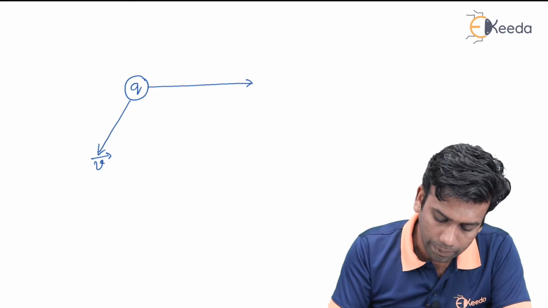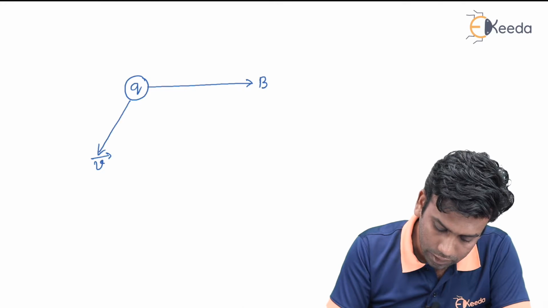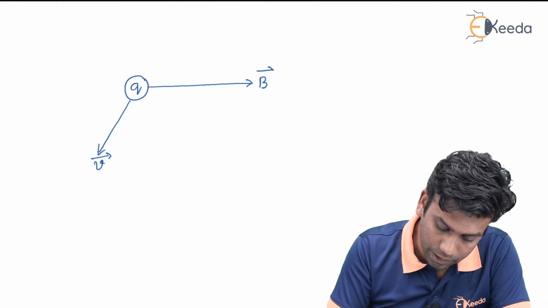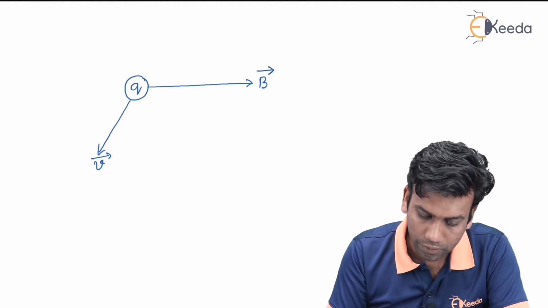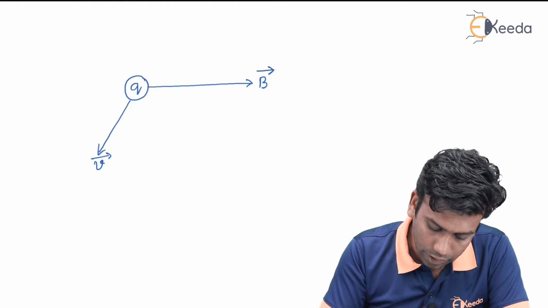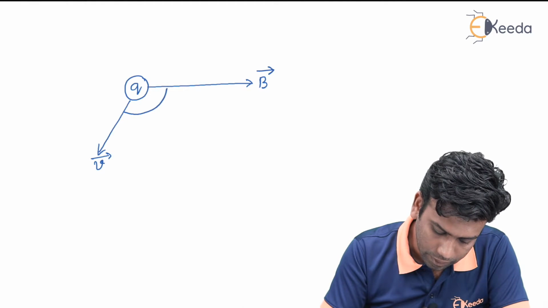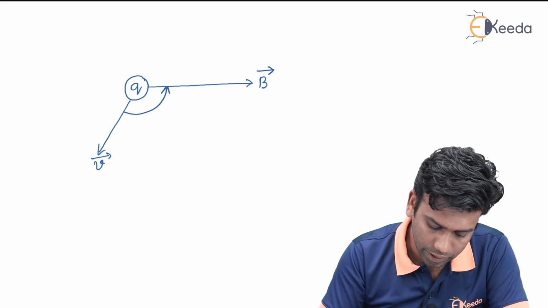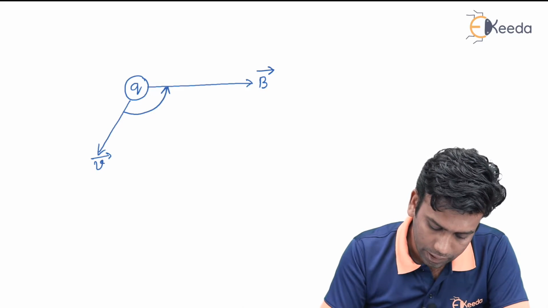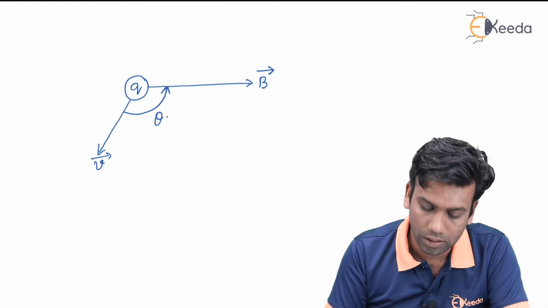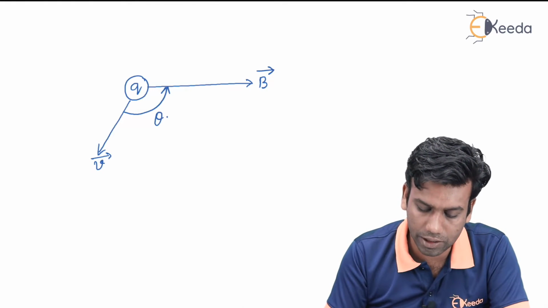The magnetic field direction is transverse to this, and the angle between V and B is theta in the anti-clockwise direction.